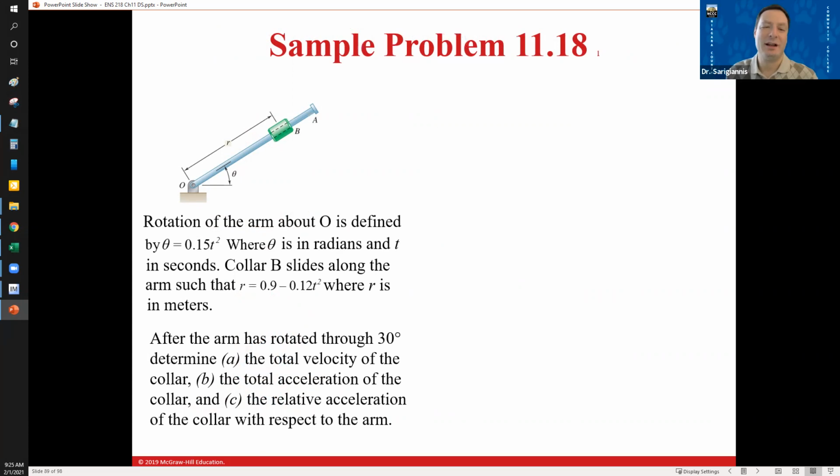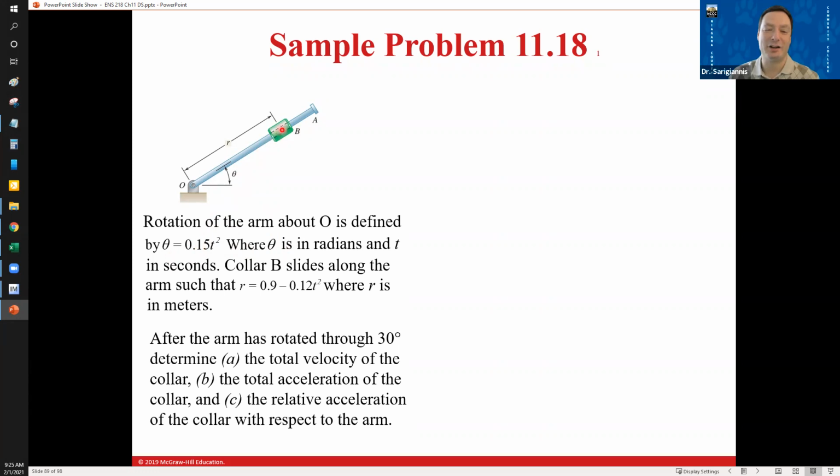So how does this work? Let's look at the rotation of this arm. You've got this arm that rotates, where theta with respect to time is 0.15 t squared. So as time increases, theta increases, and theta is in radians, t is in seconds.